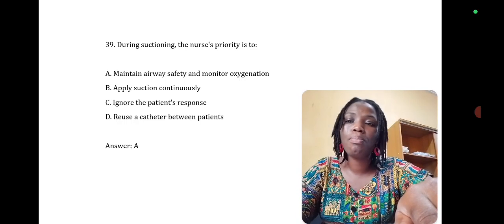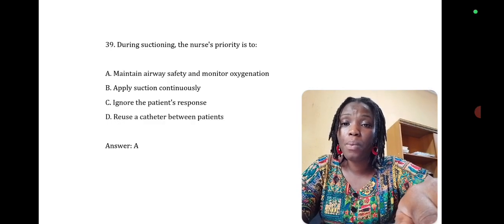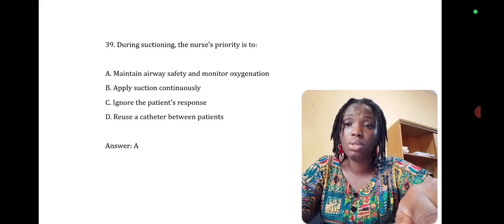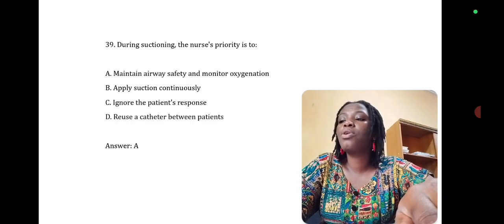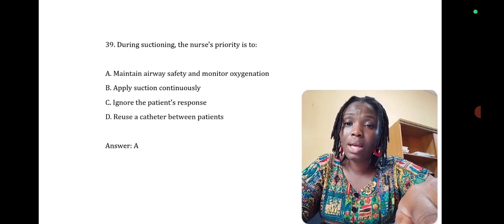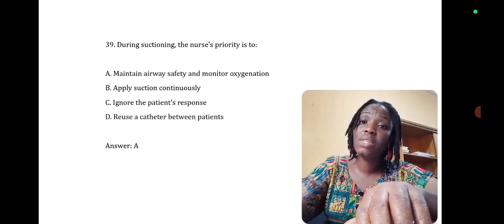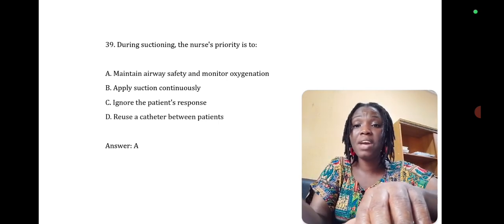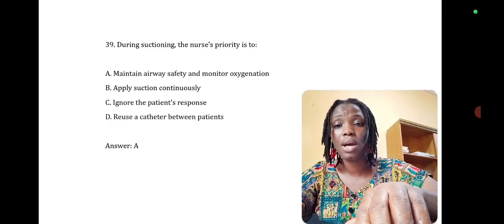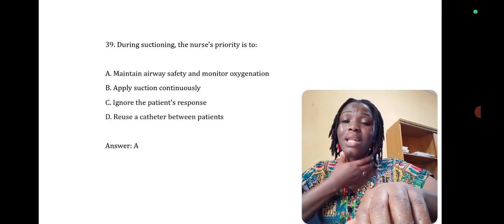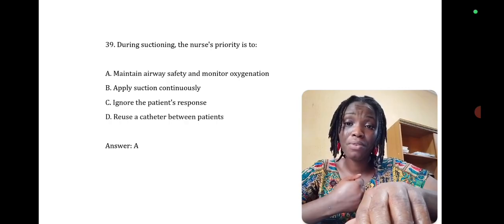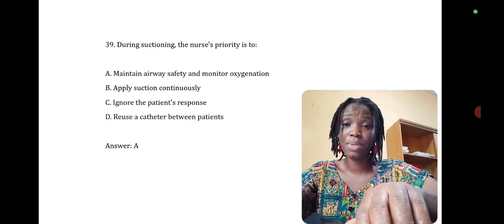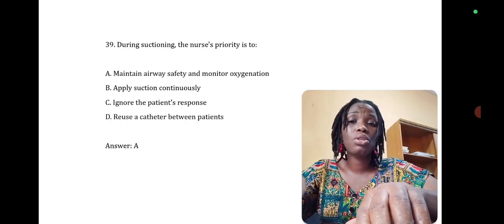The rationale is to maintain the airway. You want to maintain a patent airway and to monitor oxygenation, because sputum can block the larynx and prevent air from entering the trachea. Saliva will gather in the throat of an unconscious patient. If conscious, you can swallow it or spit it out, but an unconscious patient cannot.